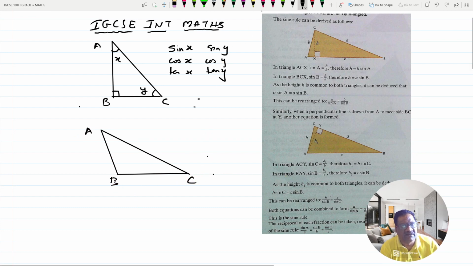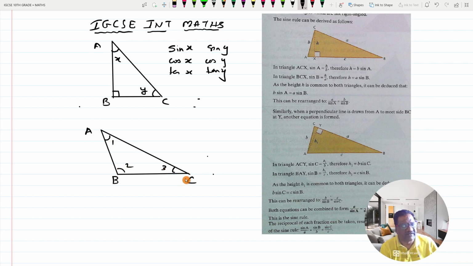Now suppose these are angles A, B, and C. Let me take these as angle 1, 2, and 3.